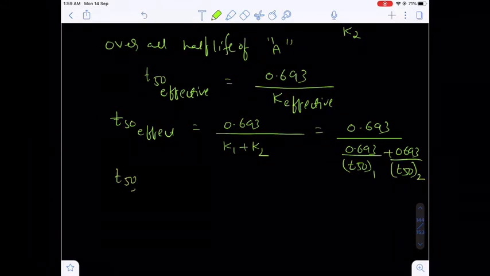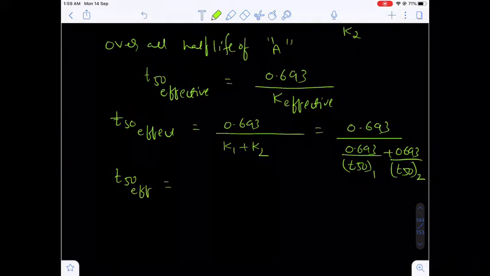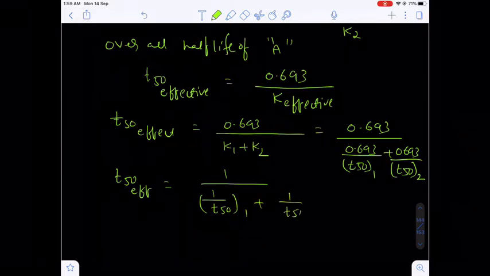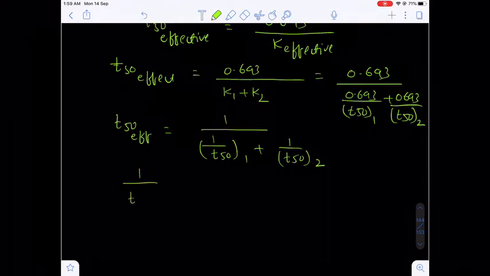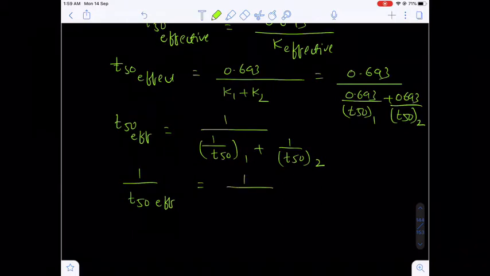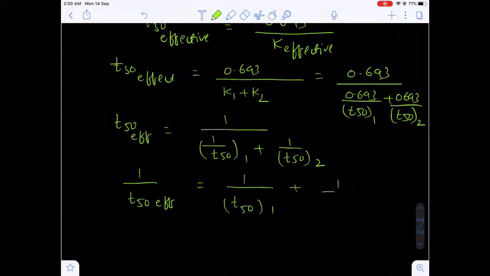So finally effective half-life will be equal to 1 upon 1 by T50 first path plus 1 upon T50 in the second path. Are you getting my point? So again I am writing 1 by T50 effective is equal to 1 by T50 first path plus 1 by T50 second path.